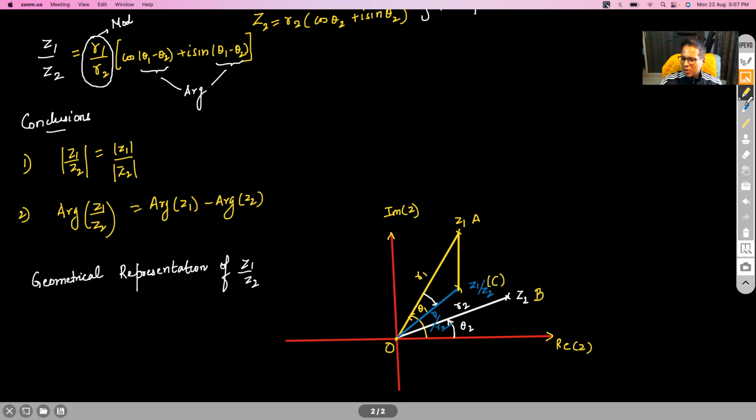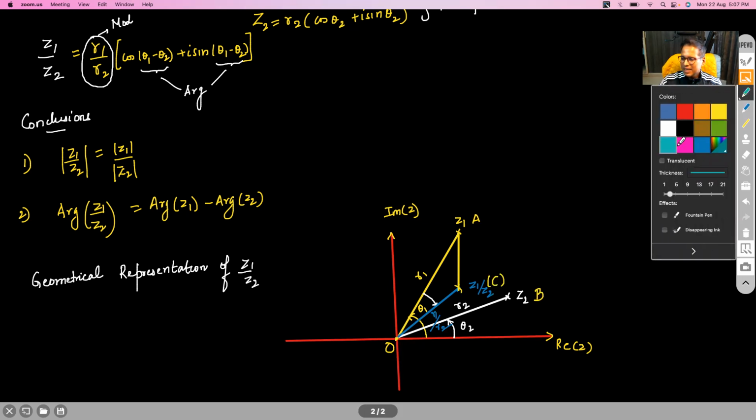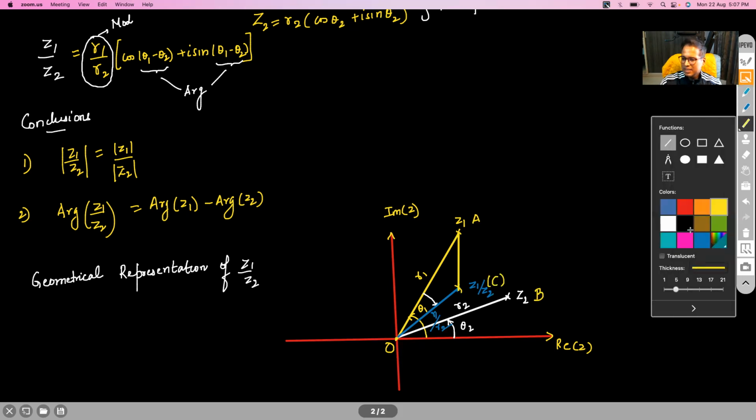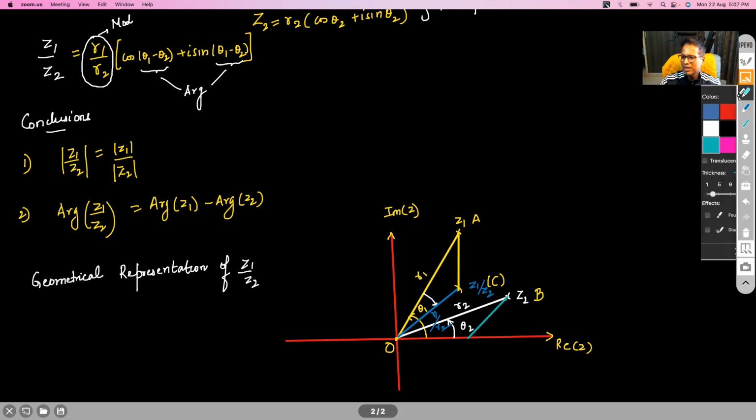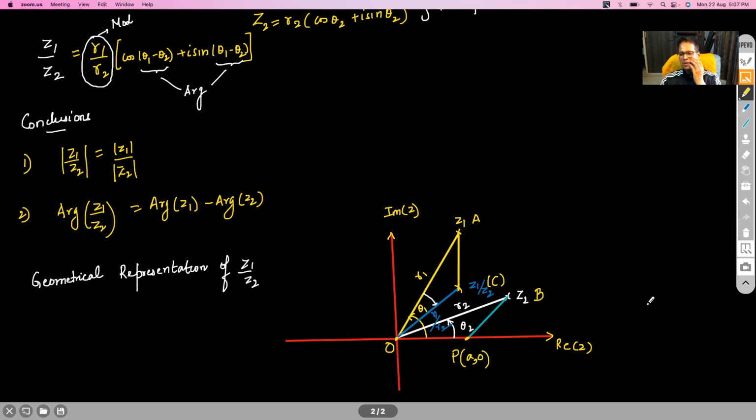Now what I do is, let me take a different color here, maybe a gray color. Let me connect Z2 to some point on the real axis. Let's call this point P, (a, 0). Let's call it (a, 0). And I ask you this simple question.